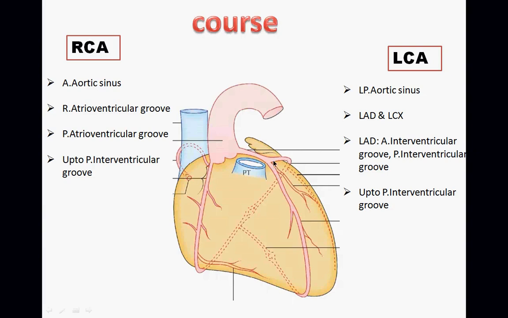And there is another small branch, which is the left circumflex artery. It takes a course similar to the right coronary artery. It originates over here and then it goes in the left atrioventricular groove anteriorly and posteriorly. This is the course of the right and left coronary arteries. Just remember this, so this will make the venous drainage part very simple for you.